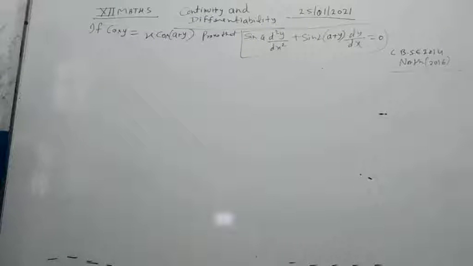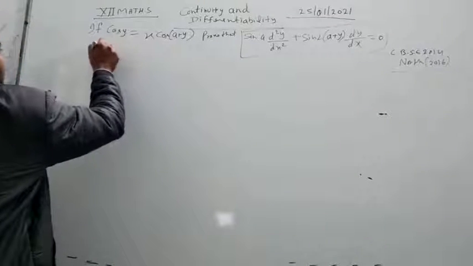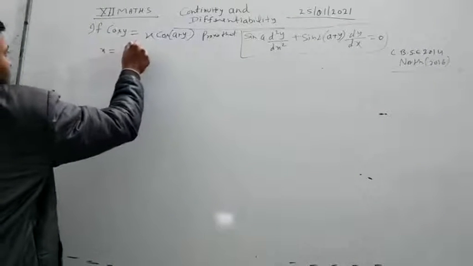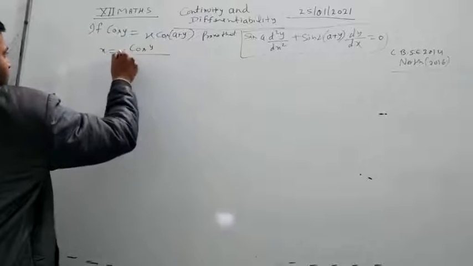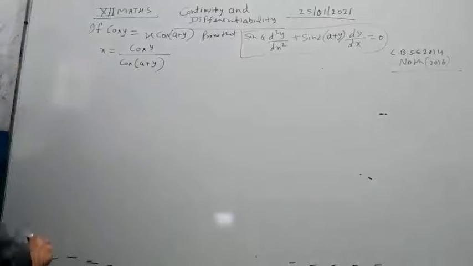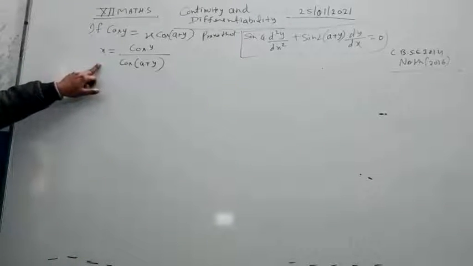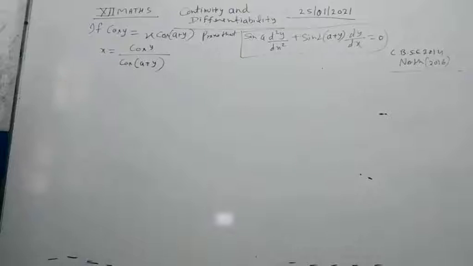So first of all, we write x is equal to cos y by cos(a plus y). So our x is equal to cos y divided by cos(a plus y).